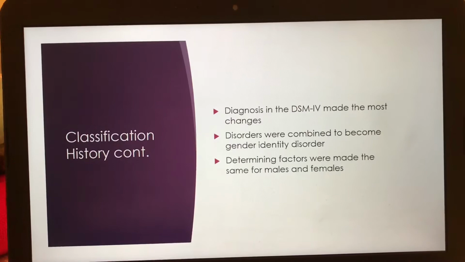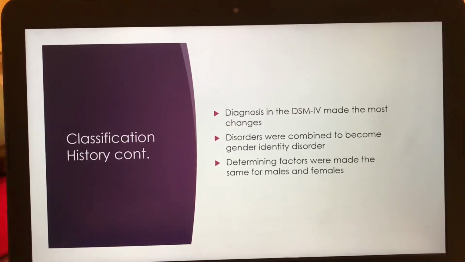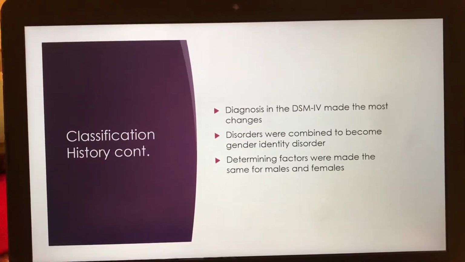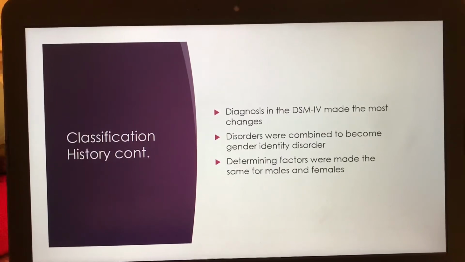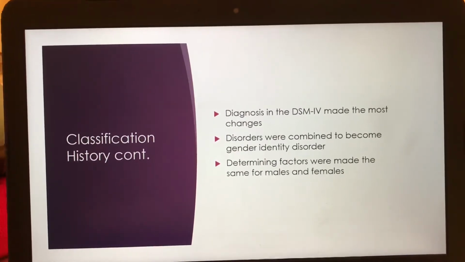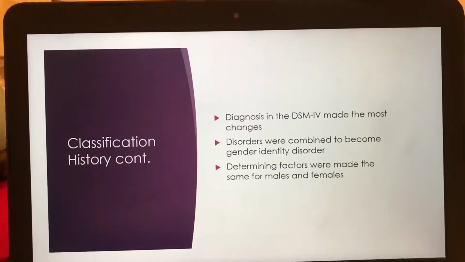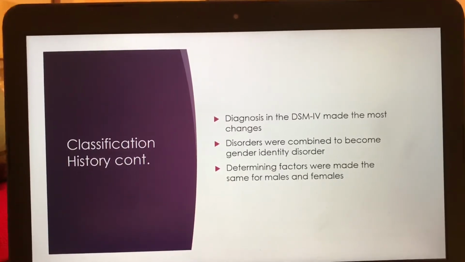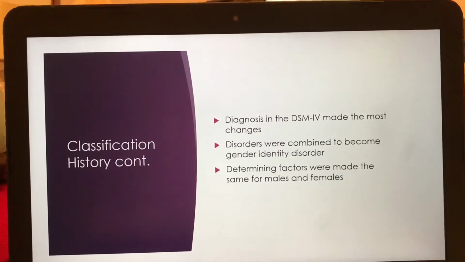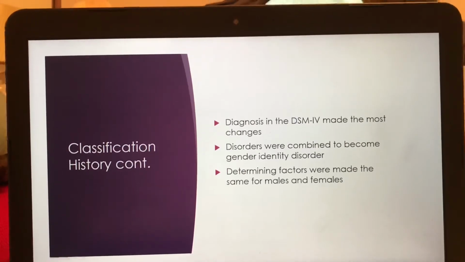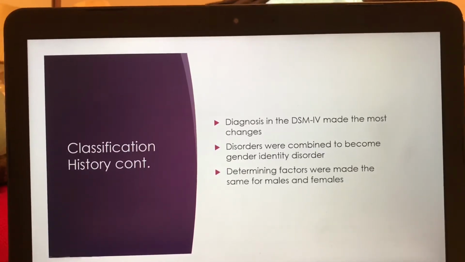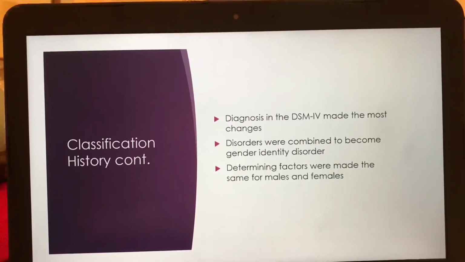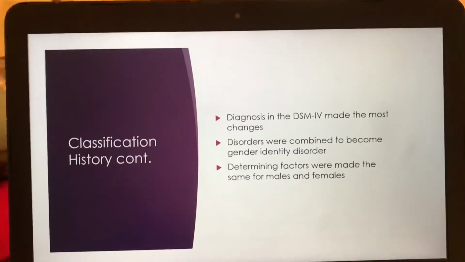And determining factors for gender identity disorder were made the same when in the past they had been different for males and females. And then there were also new differences in how to identify and diagnose for the disorder for adolescents and adults.